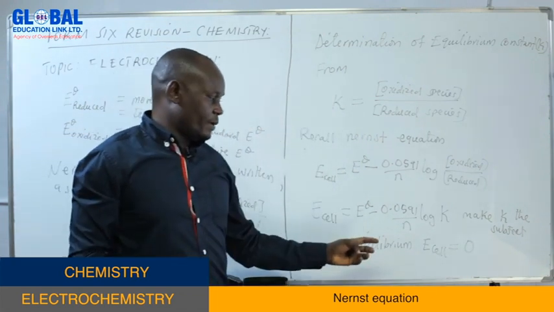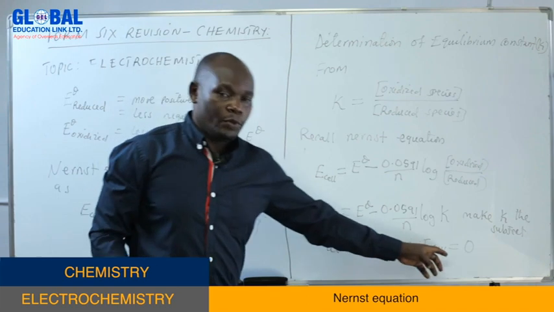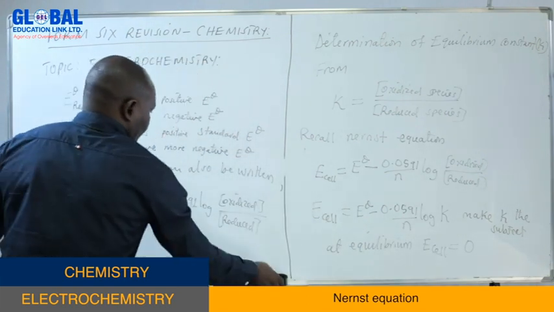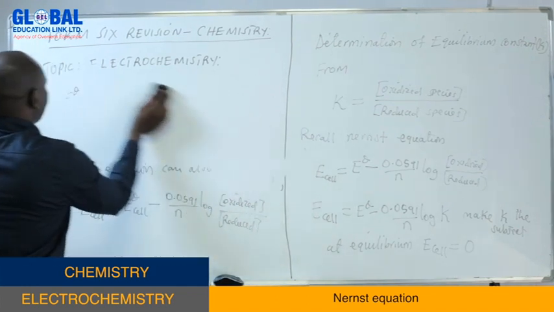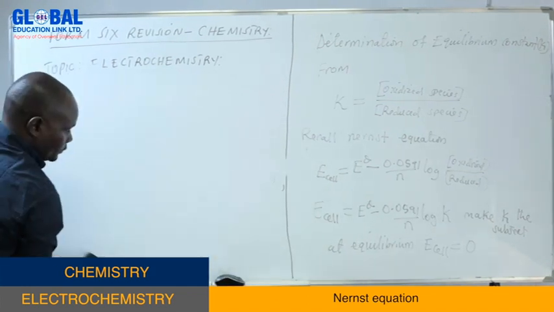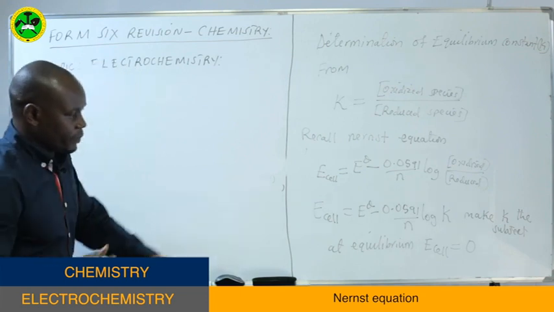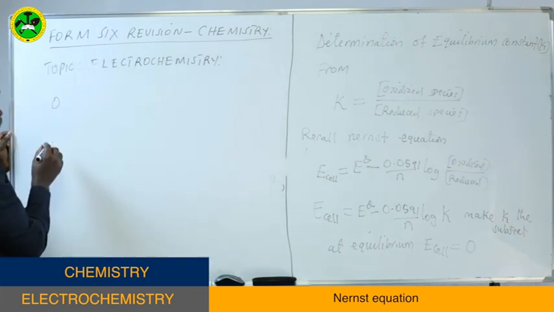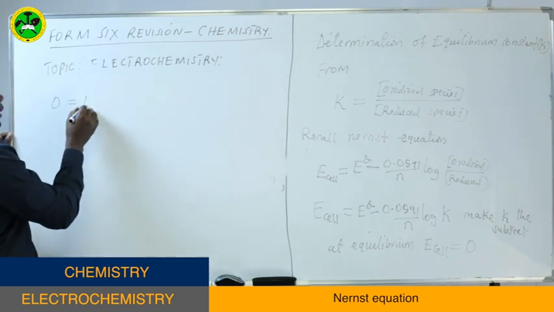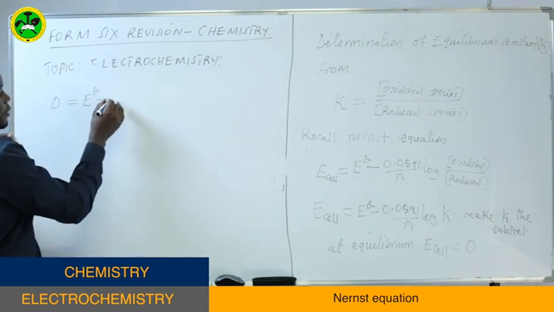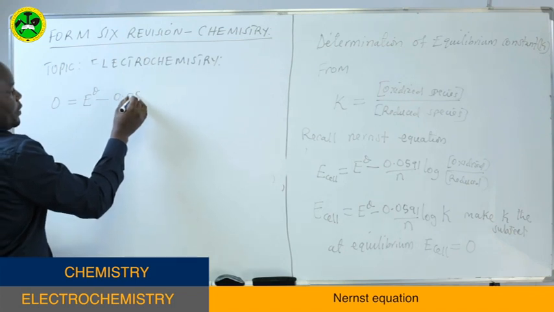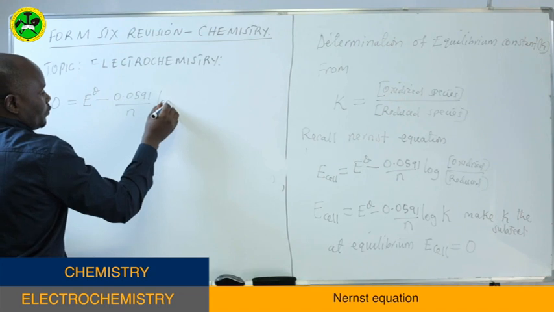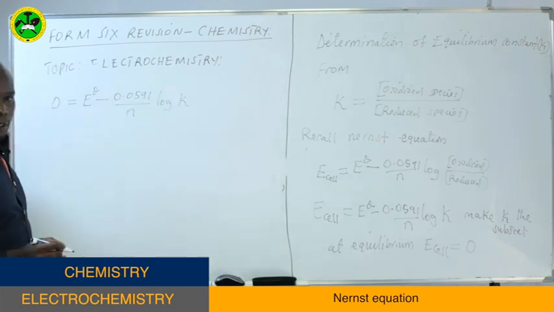So if we substitute 0 there, then E of a cell, which is 0 now, will be equal to the standard electrode potential minus 0.0591 divided by n, then times log of K, which is the concentration.